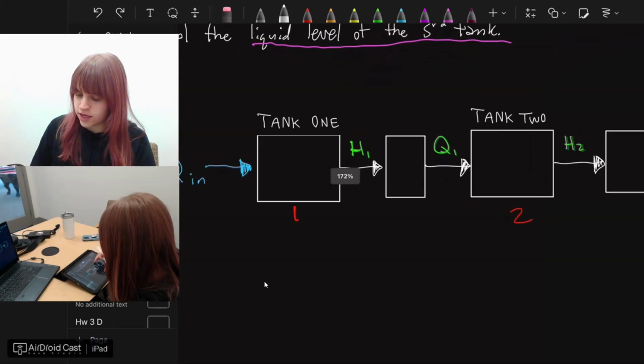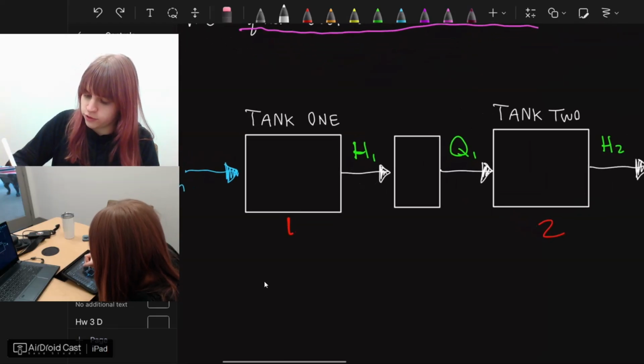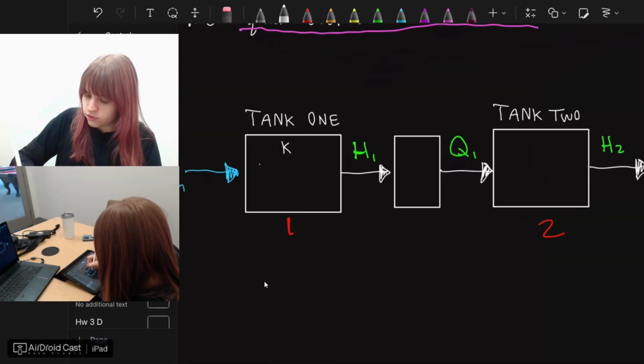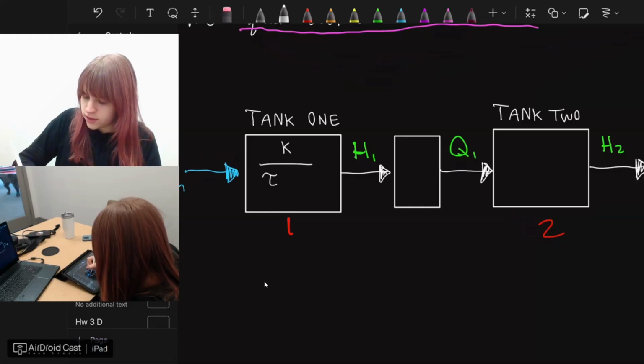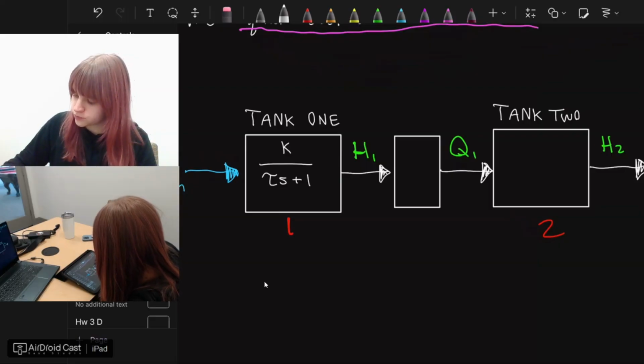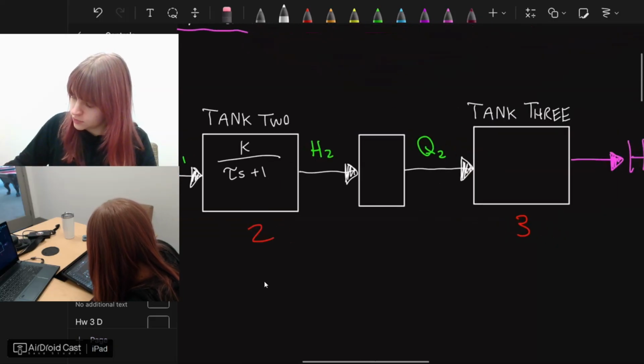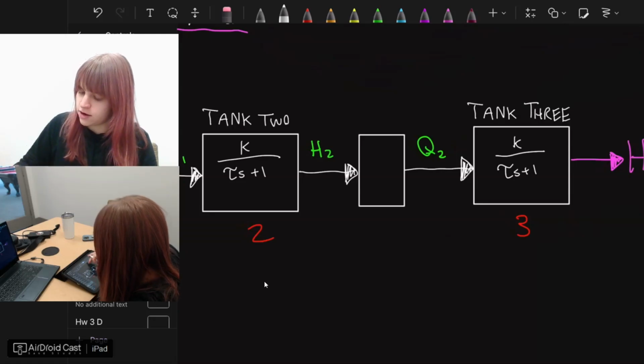We're going to say that the transfer function for each of the tanks is going to behave like K over tau s plus 1, K being the gain and tau being the time constant. So that's the same for all of them because they are identical.